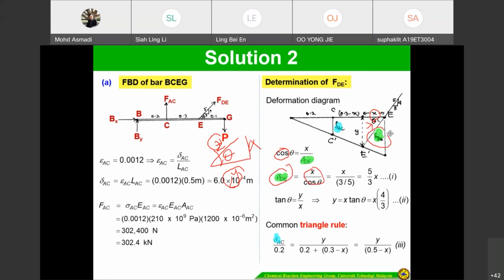If you look at here, the diameter is only 0.3, wait, 3.5. So this diameter is going to be, the angle is going to be the same.